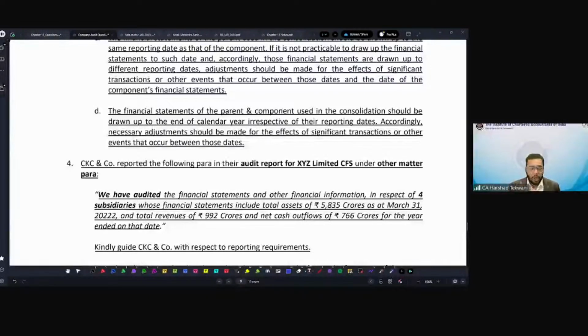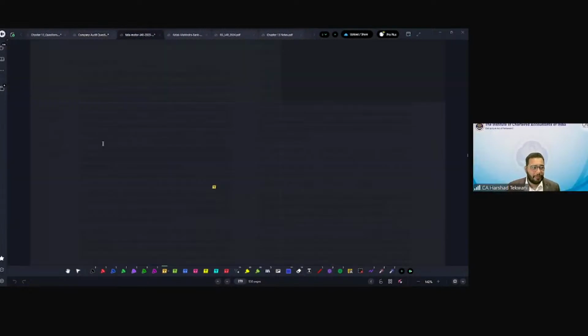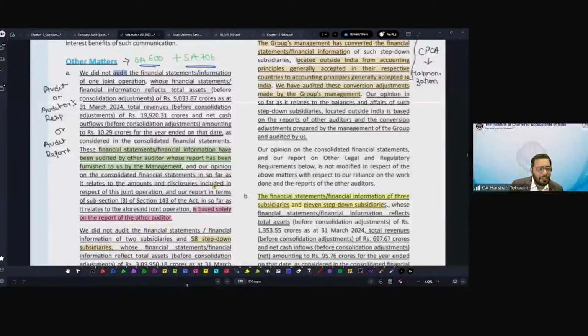Now the question is whether the auditor was the same. You need financial information in respect of 4 subsidiaries. First of all, they were not the auditors. Now I'll show you the real example of how it is there. In the other matter paragraph, the first line itself shows the difference: we did not audit.